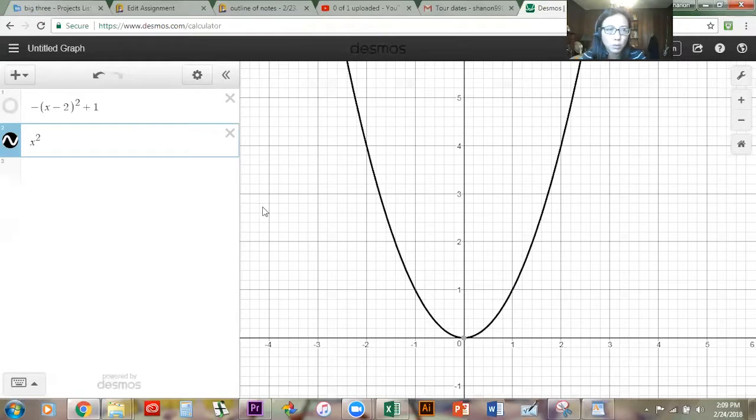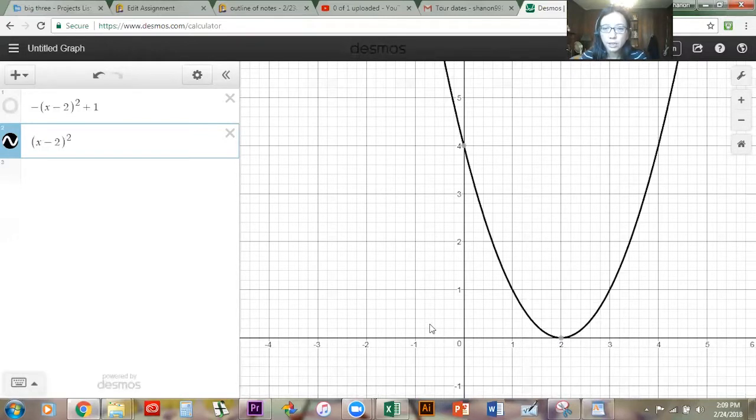Draw that U shape. From there, I'd notice I'm being shifted. Even though this says negative, I know that's being shifted to the right 2 units. I can imagine my vertex moving 1, 2 units to the right. And here I've done that, shifted my parabola 2 units to the right.